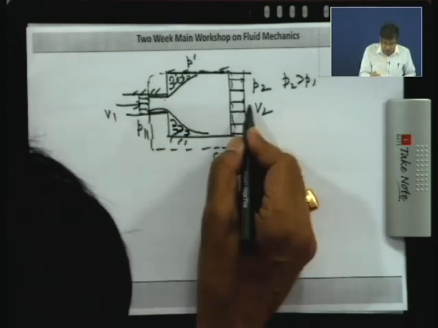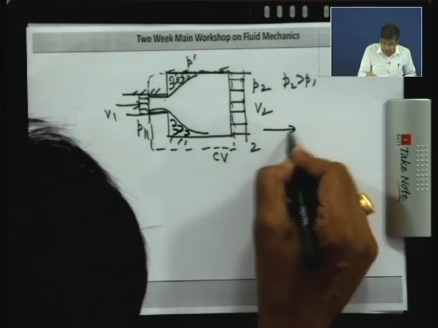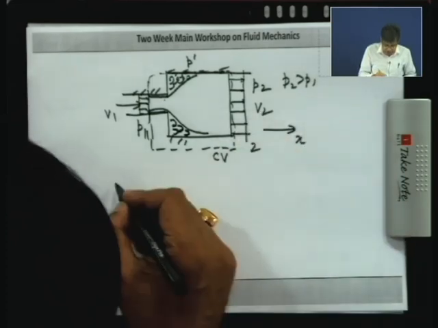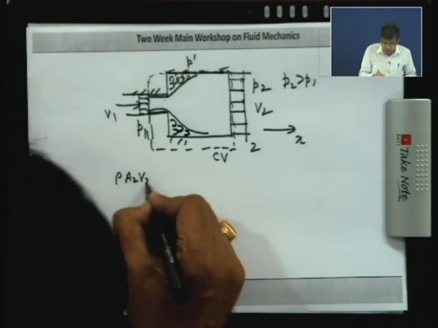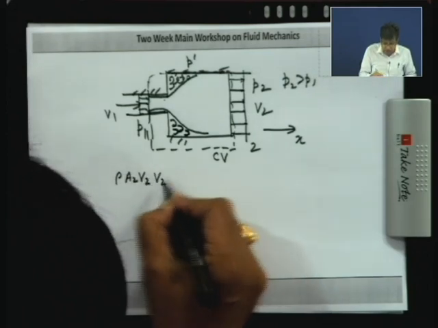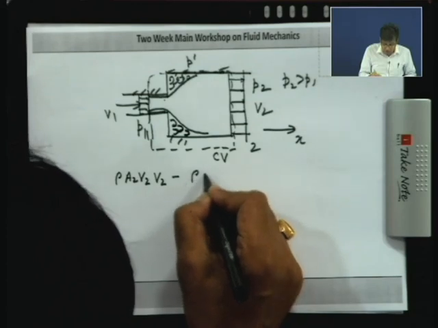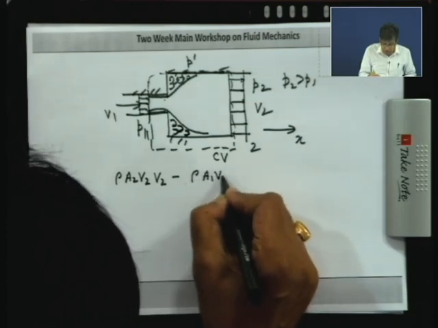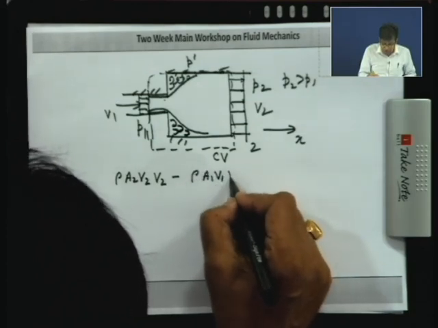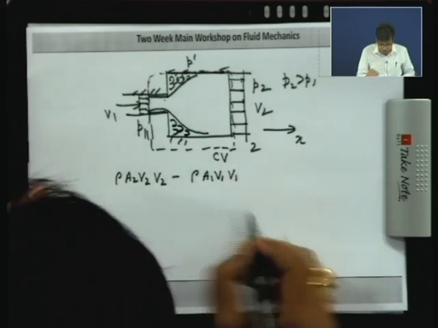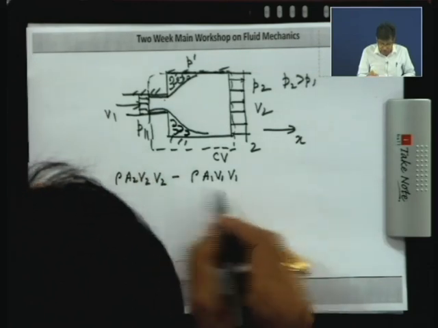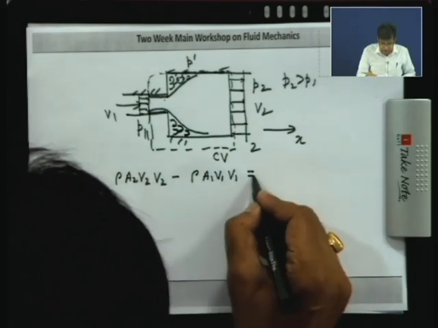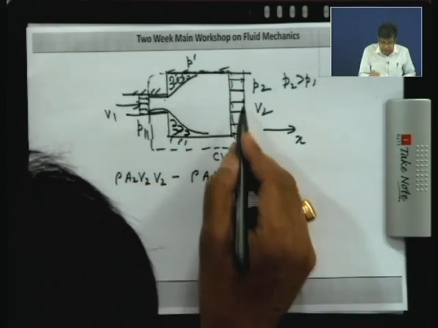The net rate of momentum efflux in the direction of flow, X, is the momentum out, that is the mass flow rate rho A2 V2 into velocity V2, minus rho A1 V1 into V1, equals the net force acting in this direction.